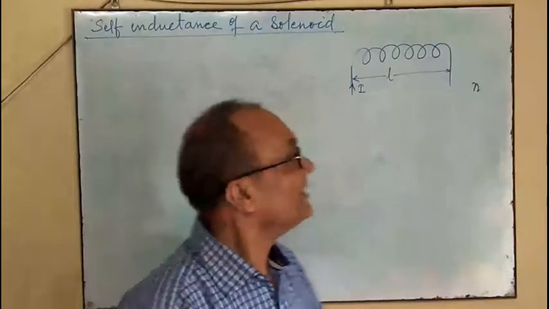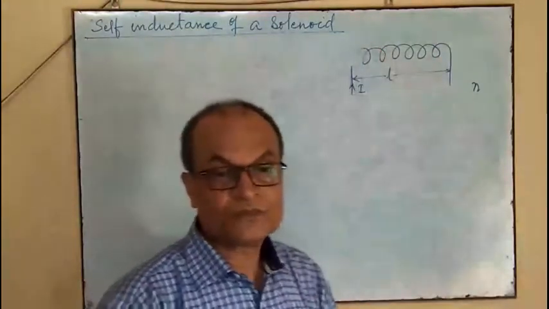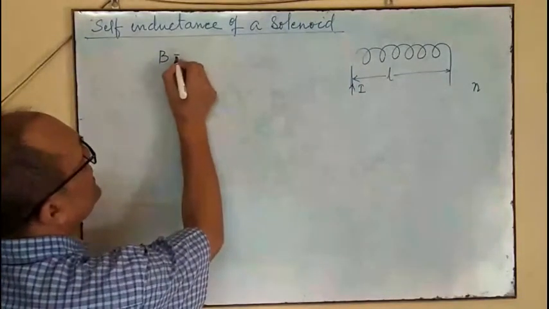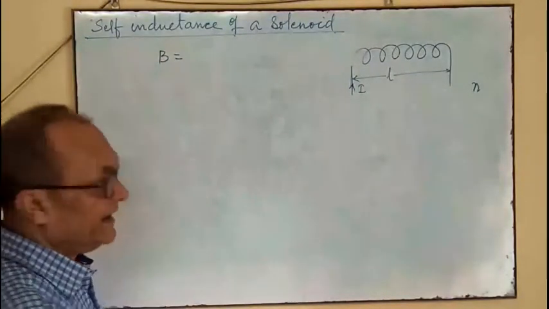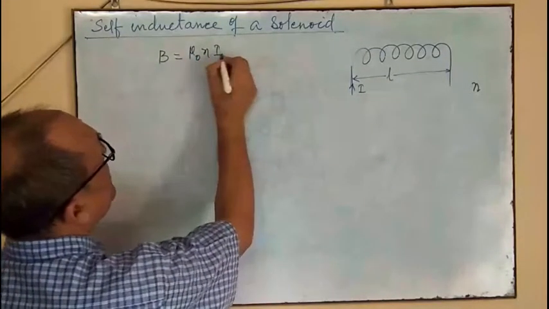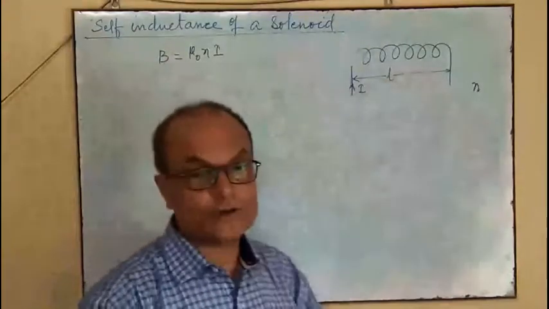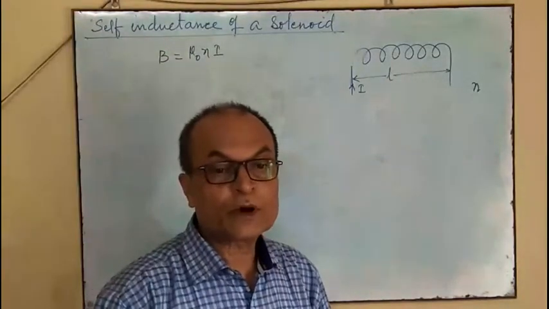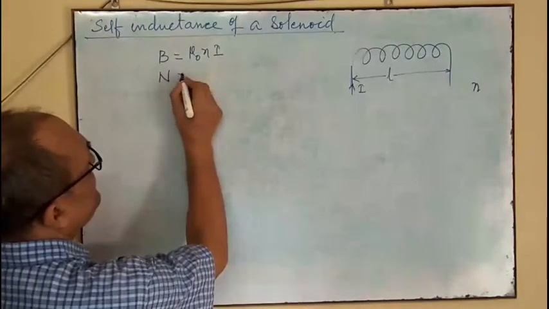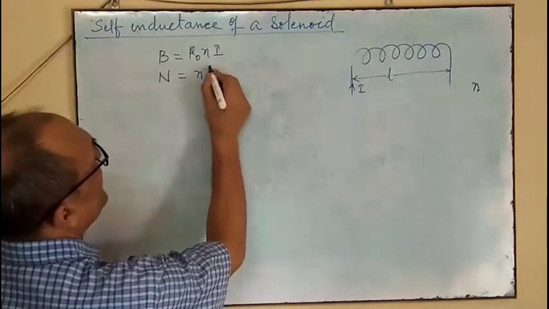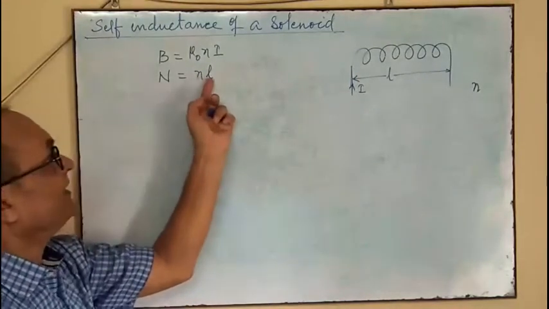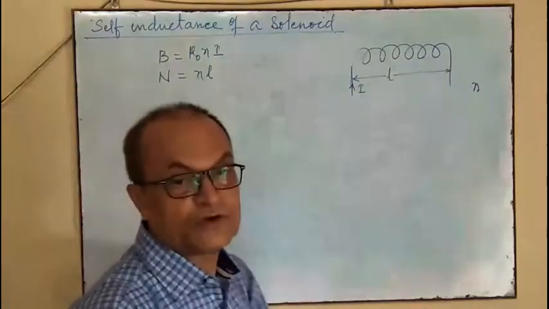So the magnetic field inside this solenoid, when it is kept in vacuum, will be B equals mu naught n i. The total number of turns is denoted by N, which equals n into L, where n is the number of turns per unit length and L is the length of the solenoid.